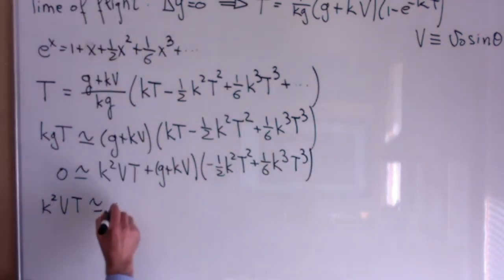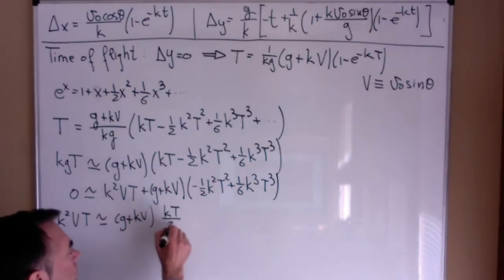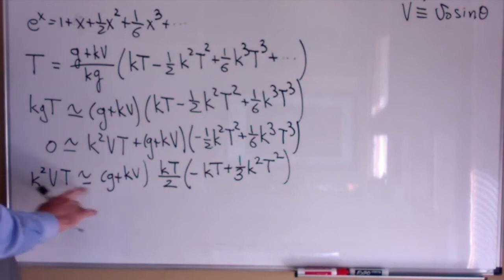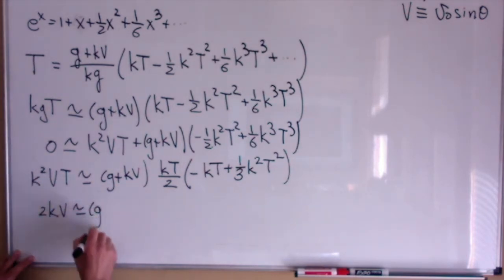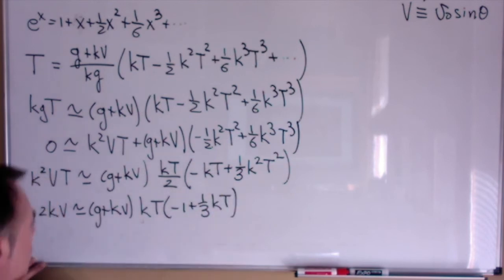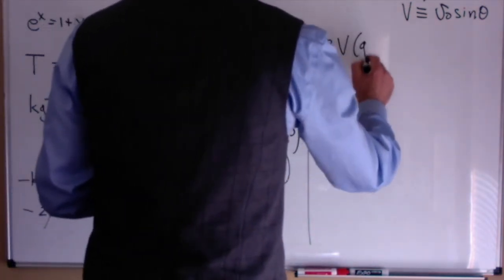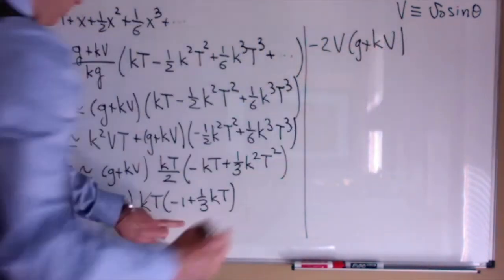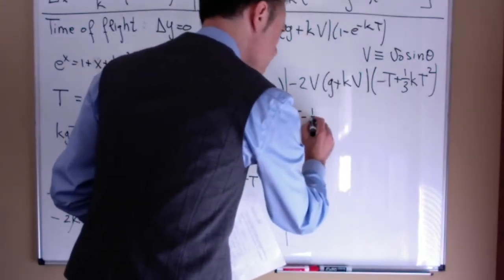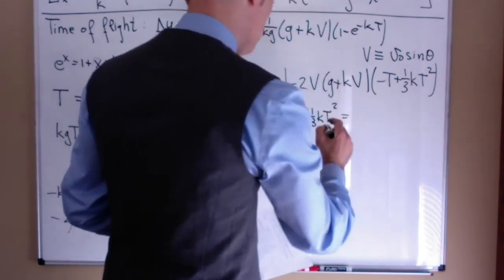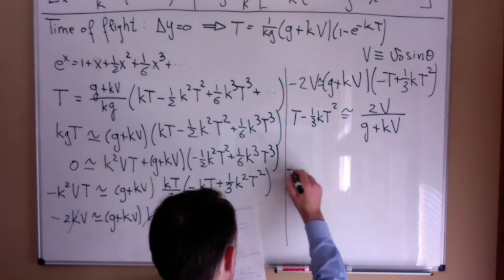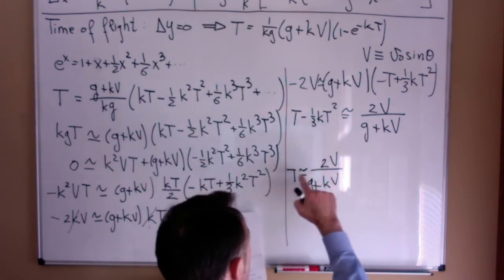And I move the k squared term to the other side. We get that t is equal to 2v over g plus k v plus k over 3 t squared.